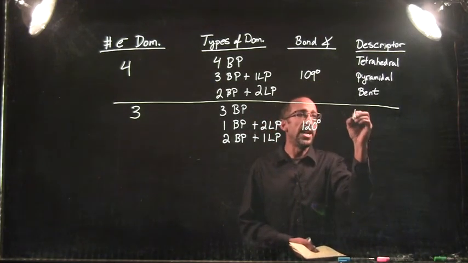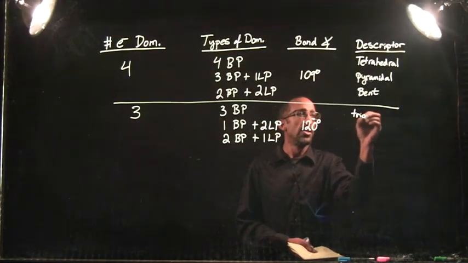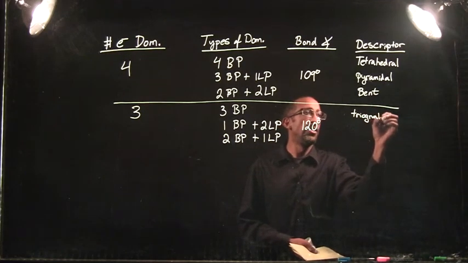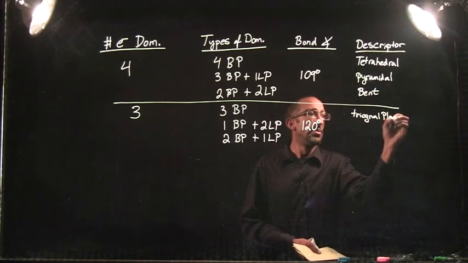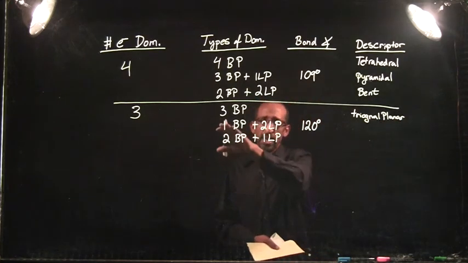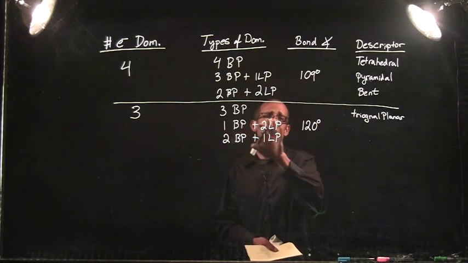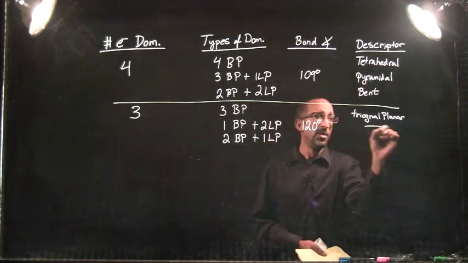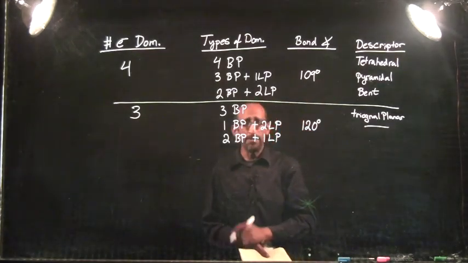If we have 3 bonding pair domains, that's going to be a trigonal planar, is how we would describe the geometry. If we have 1 bonding pair domain and 2 lone pair domains, we don't have a descriptor for that.